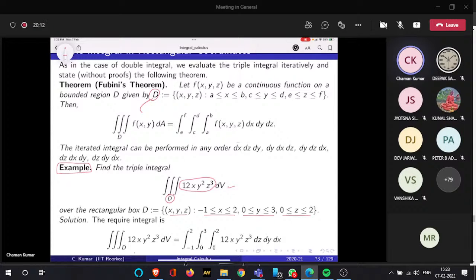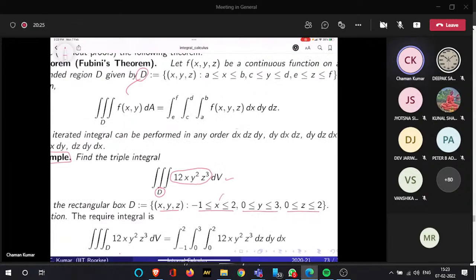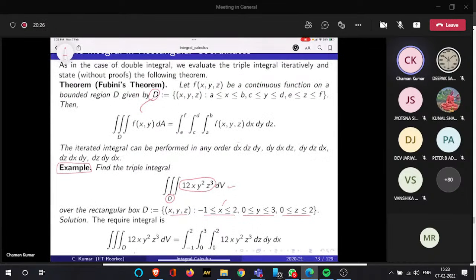So here also we will identify the boundary, and the boundary in this case will be a kind of surface, not curves. So what are the boundaries here? From the values of x, the boundaries are x is equal to -1, x is equal to 2.